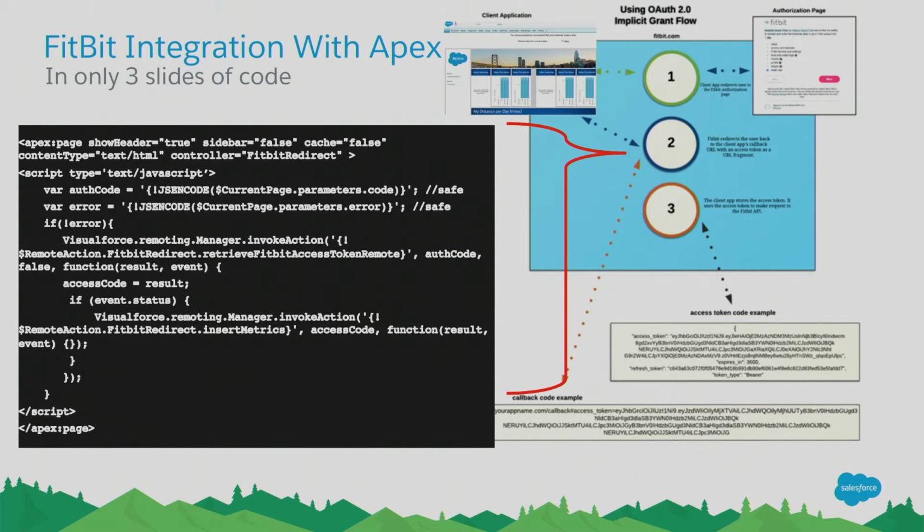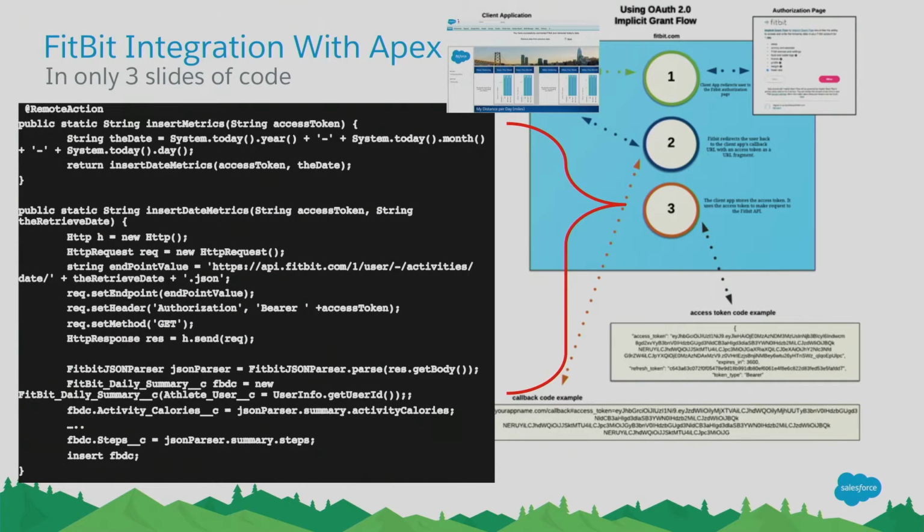And essentially what we do here is call an Apex method on our Fitbit redirect class that's called insertMetrics. So all this did was consume the parameters that Fitbit gave us and then call an Apex method. It's that simple. And then here's the method itself.